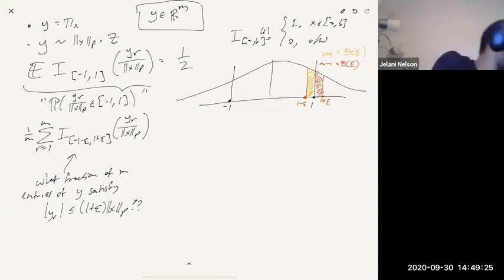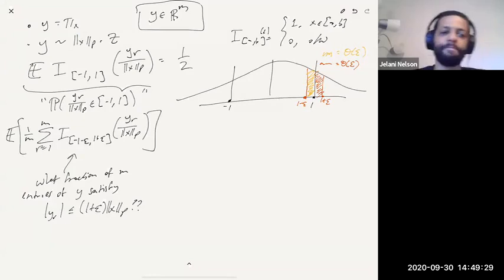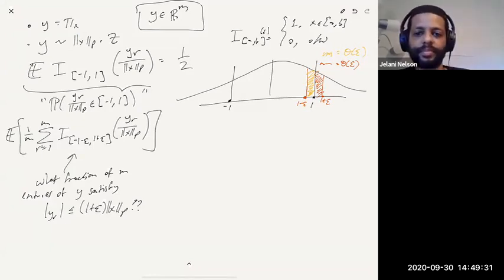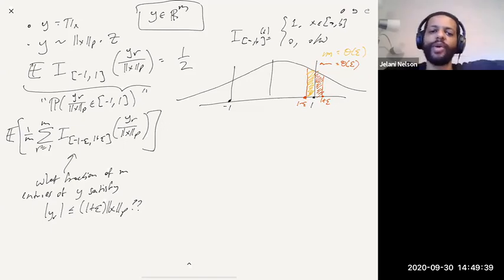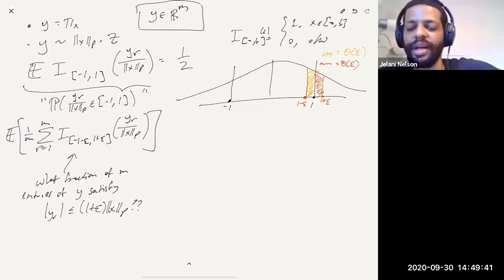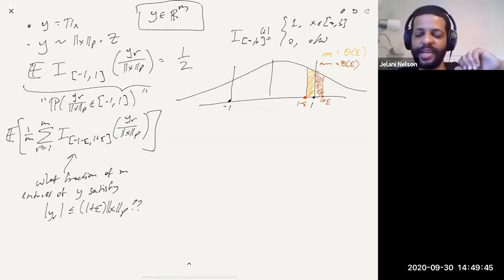Let me ask you, what's the expectation of this? I'm moving a little bit into that red region. I'm widening the interval. Instead of -1 to 1, I'm going from -1 minus epsilon up to 1 plus epsilon. So I'm gaining a little bit more probability mass, namely that red probability mass.